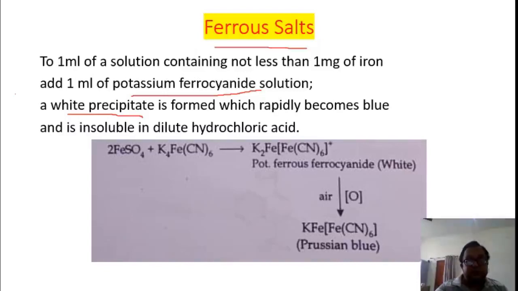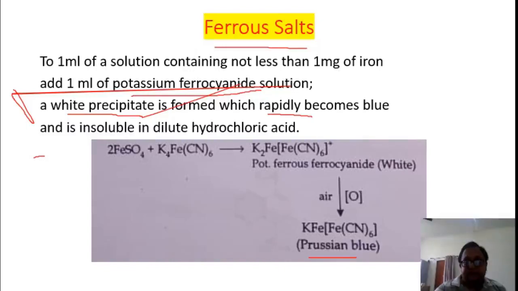So here we can easily observe that it is blue in color with ferricyanide, but if we use ferrocyanide, we get a white precipitate. But this white precipitate also rapidly changes into blue. But the tone of this blue color is entirely different. In ferricyanide, we get the dark blue color. Here, we get the Prussian blue color.